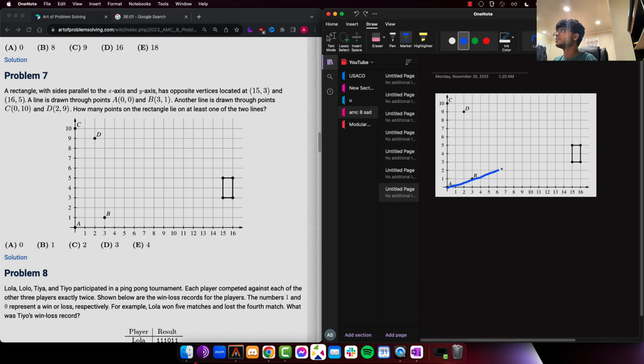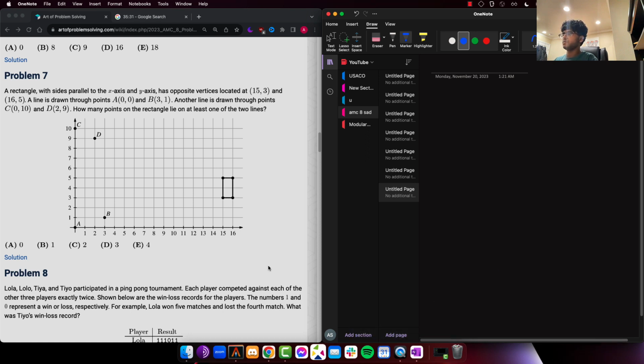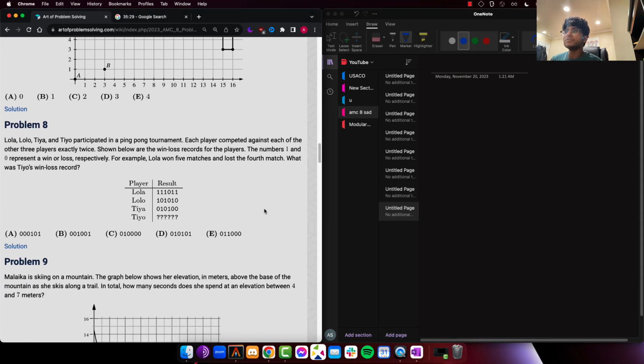Well, let me check. Wait, it should be 3 over. Here, I'll just do it like this. 3 over, 3 over, 3 over, 3 over, 3 over. Okay, so it hits the corner. So it's B. This is C. Okay, wait.